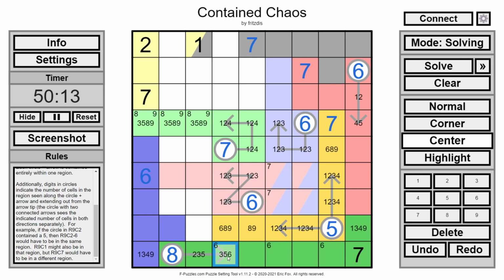If this is a 6, then we put a 6 here. Which then, does that make it hard for gray to get a 6? Where can 6 be at the moment? Maybe we should highlight that.